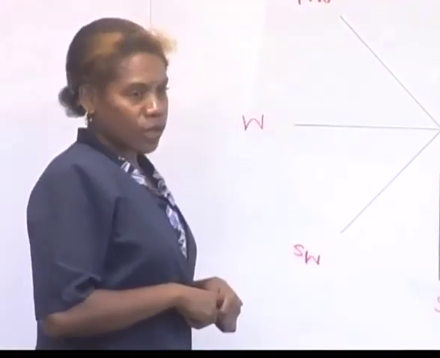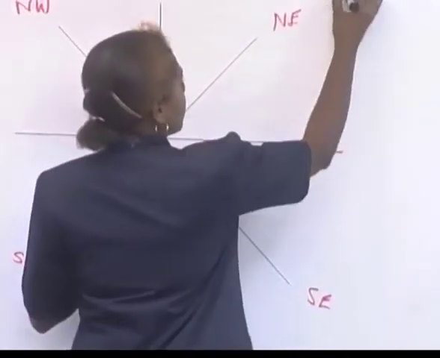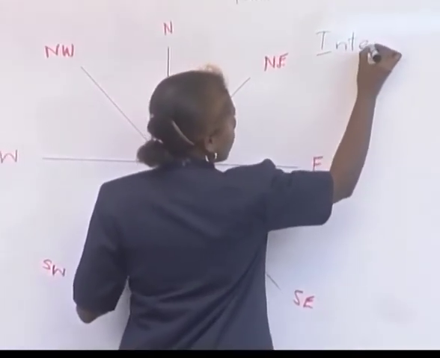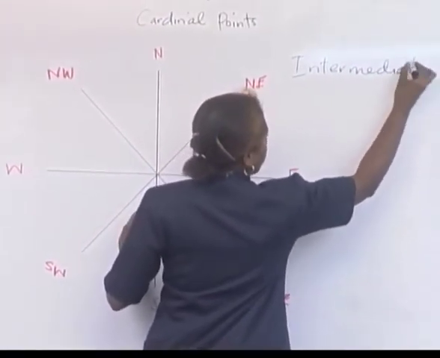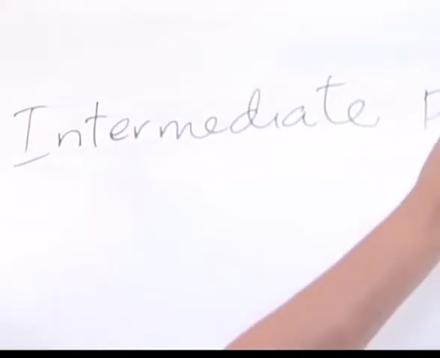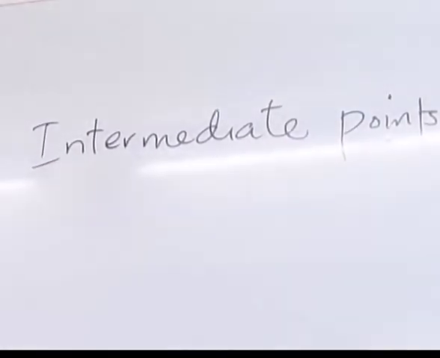Northeast, southwest, southeast, and northwest are in between each of the cardinal points. They are called intercardinal points, or we can say intermediate points, all right, class?